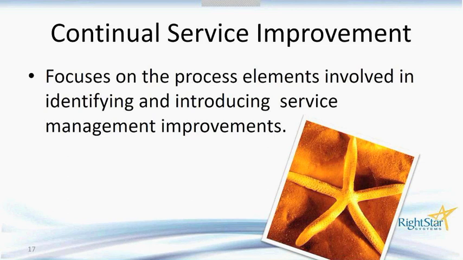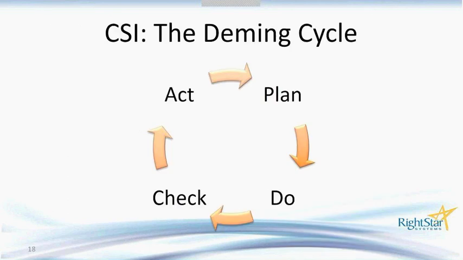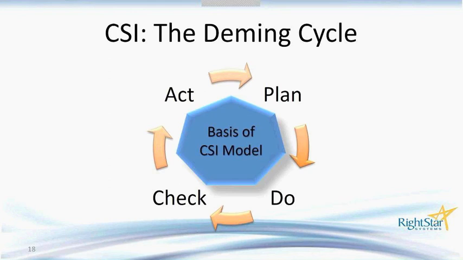And in fact, both methodologies use the Deming Cycle as a central part of their focus for an improvement process. And the Deming Cycle is simply 4 words: plan, do, check, act. It's the basis of the continual service improvement model.